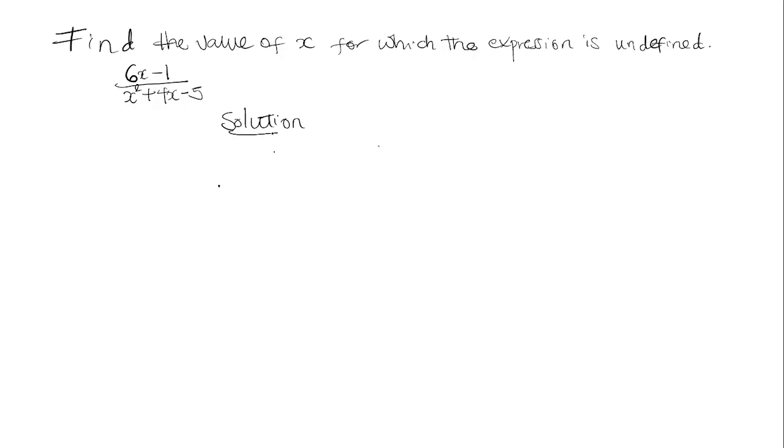So what does it mean when an expression or a fraction is undefined? An expression is undefined when the denominator is equal to 0. So when the value of the denominator is equal to 0, then the expression is undefined. Now, what's our denominator here?